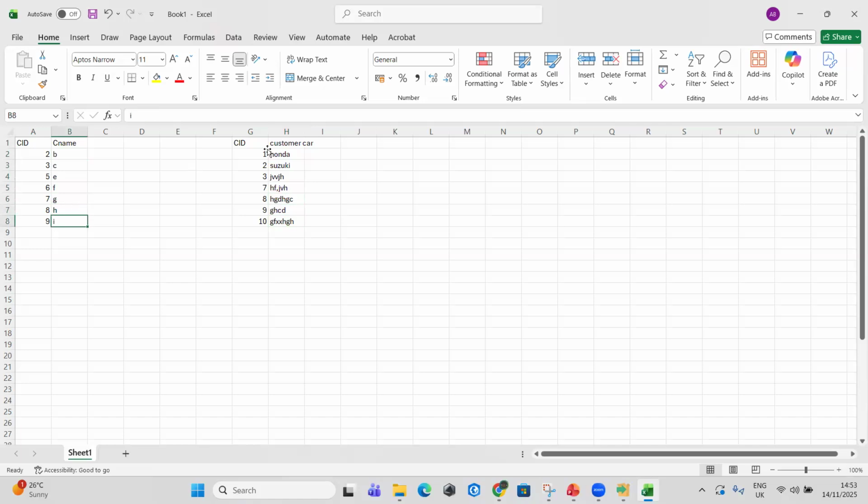But what you see in one of the tables is that there is the ID 1, but here it does not have ID 1.